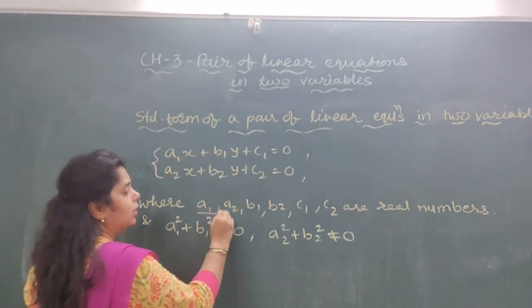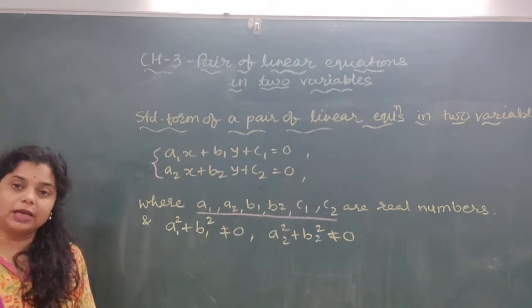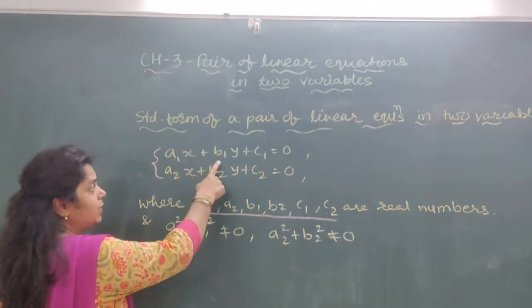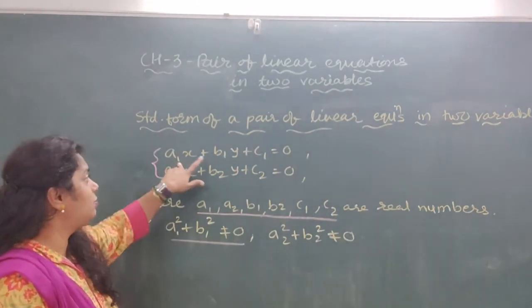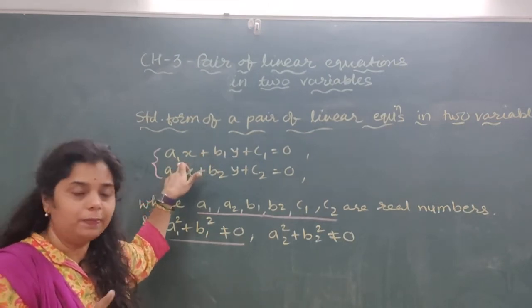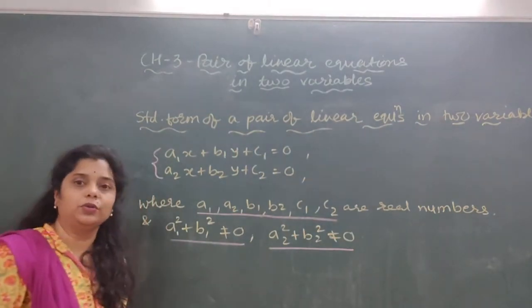A1, A2, B1, B2, C1, C2 are real numbers, and the must condition is A1 square plus B1 square is not equal to 0. It means A1 and B1 together, both at the same time, must not be 0. And A2 square plus B2 square is not equal to 0.